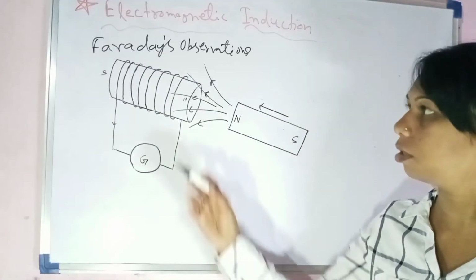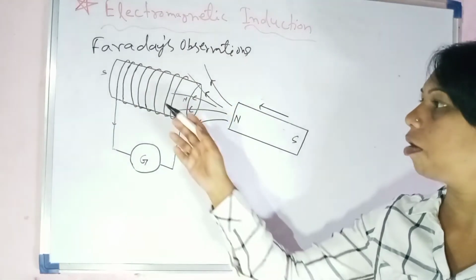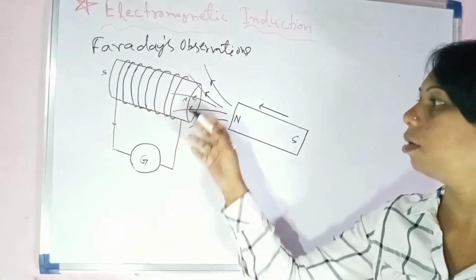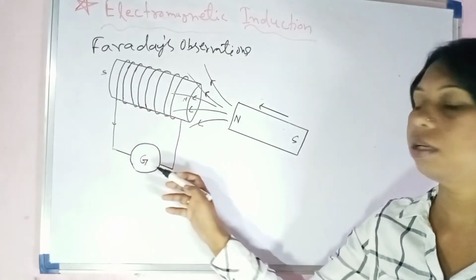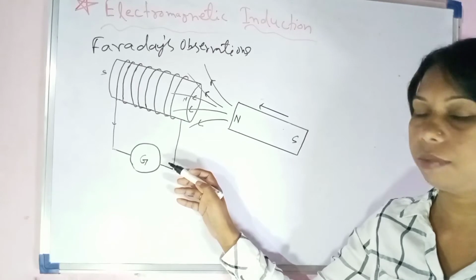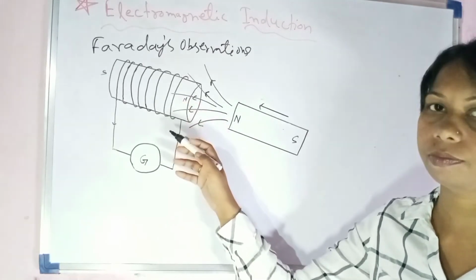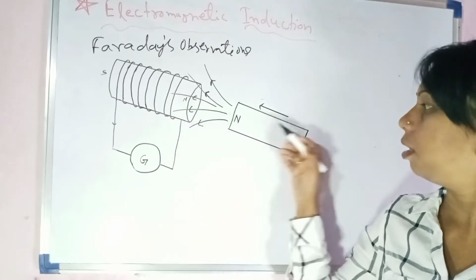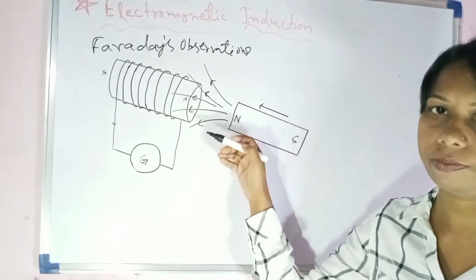Now let us discuss Faraday's observations. Faraday took a coil consisting of a large number of turns and connected a galvanometer across it. Remember, there is no source of EMF connected to the coil, and he moved the magnet along the axis of the coil.